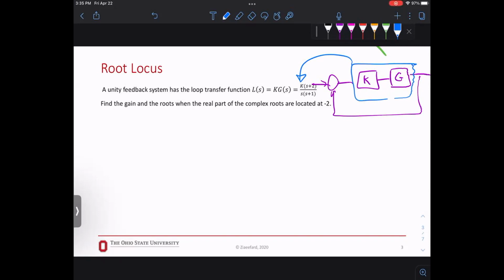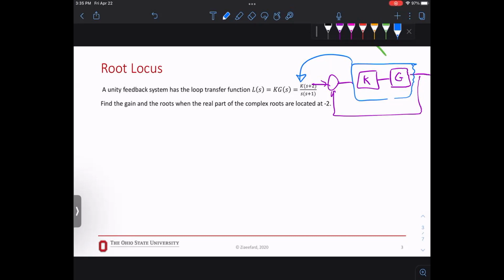Can you find exactly where it is for a specific value of K? So whenever you hear something that talks about roots, you're placing basically a pole somewhere, right? What's the first thing that you need to find? We are going to place the pole somewhere that the real part of the poles are -2, right? So where do you start solving this problem?